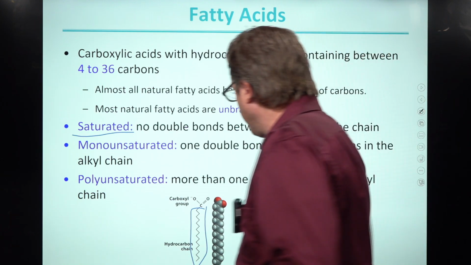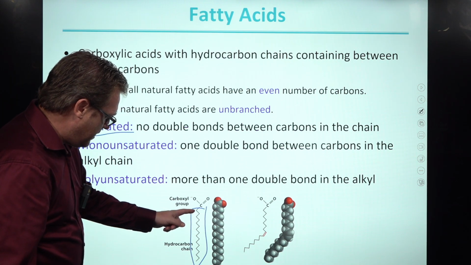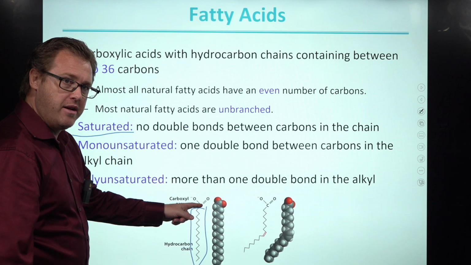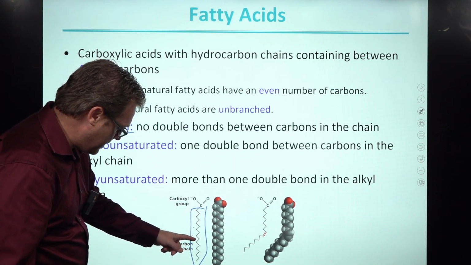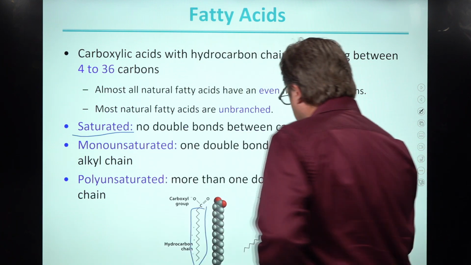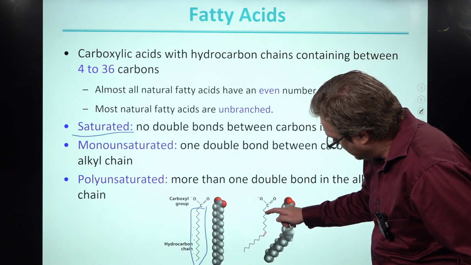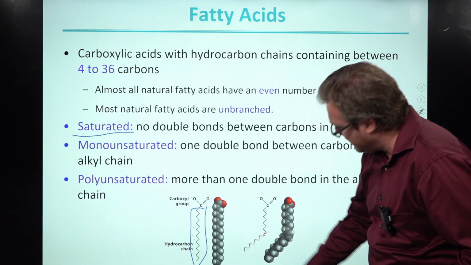So if we compare this guy, how many carbons are in this fatty acid? I'm ignoring the carbonyl carbon. Let's just count them. 1, 2, 3, 4, 5, 6, 7, 8, 9, 10, 11, 12, 13, 14, 15, 16, 17. Over here, 1, 2, 3, 4, 5, 6, 7, 8, 9, 10, 11, 12, 13, 14, 15, 16, 17.